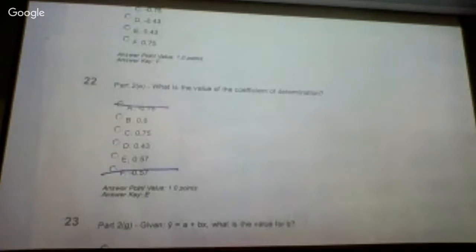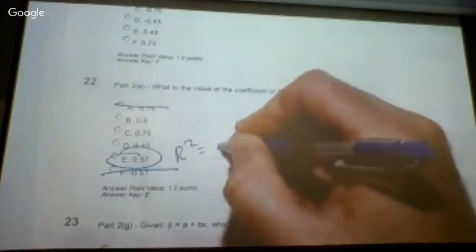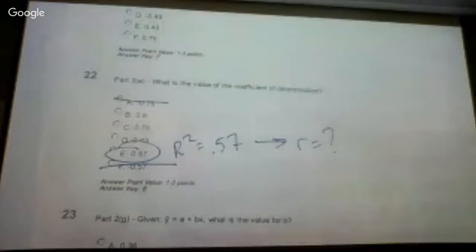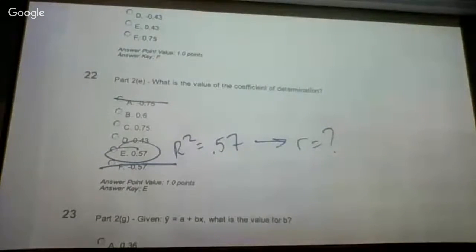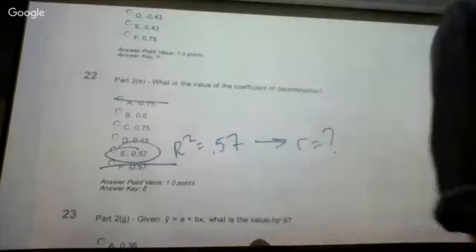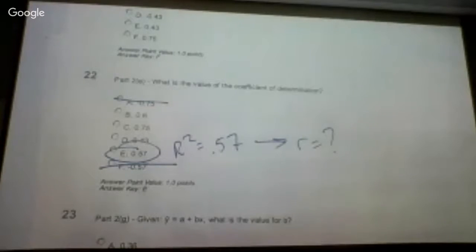And by the way, if I tell you that R squared equals 0.57, can you tell me the value of R? I tell you R squared is 57%. Can you tell me R? Okay, you take the square root.